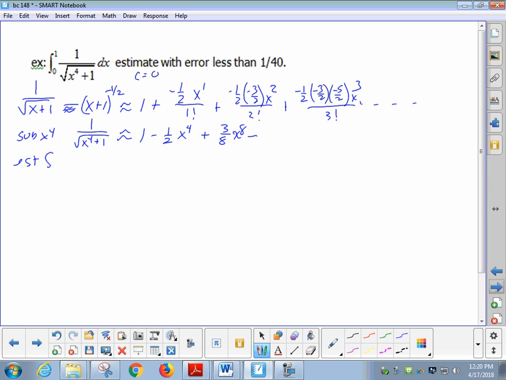Then we go to minus, this would be 3 times 2 times 1, so a 3 would go away, so I'm thinking maybe minus 5 over 16, x to the, what?